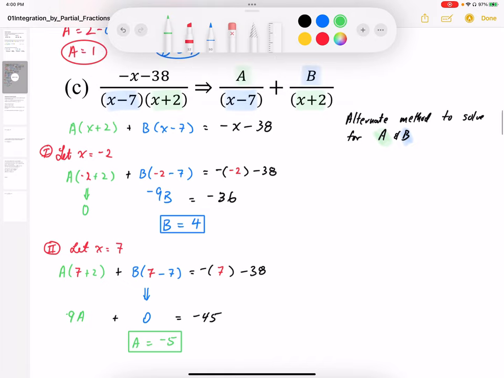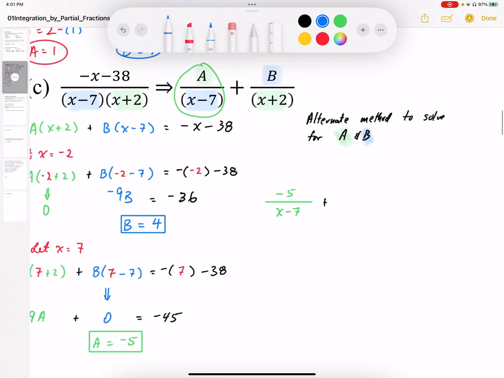So now I've solved for A and B, so now I can write it in its partial fraction form. This is going to be negative 5 over x minus 7, that's going to come from this part, plus B is equal to 4 over x plus 2, so it's going to come from here.